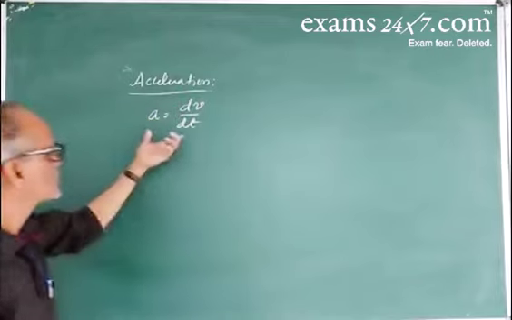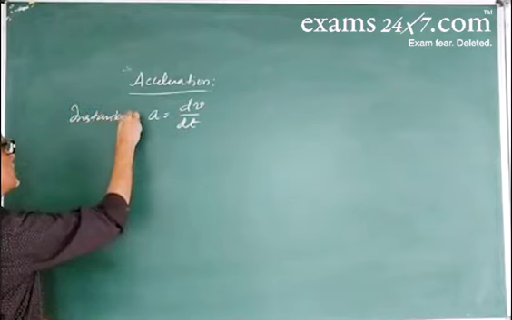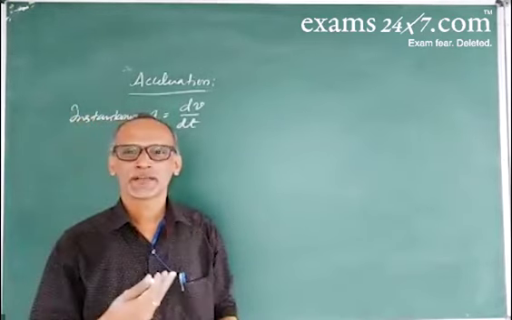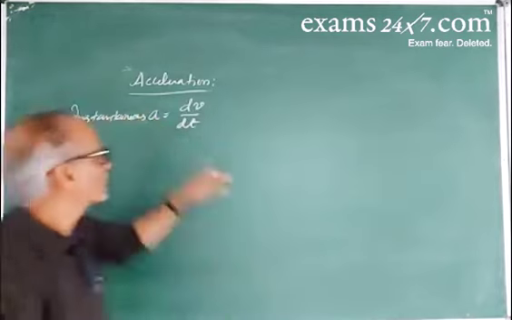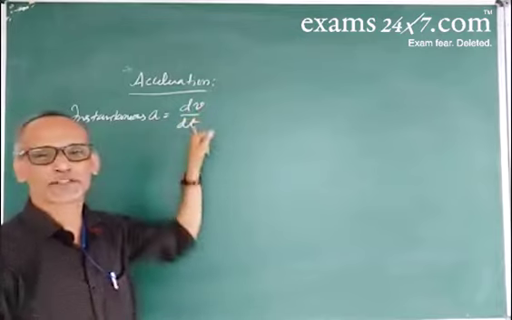I can use this to find the instantaneous value, instantaneous acceleration. But sometimes this acceleration is a function of distance or displacement. In that case, you cannot use this. You can use this equation only if velocity is a function of time.